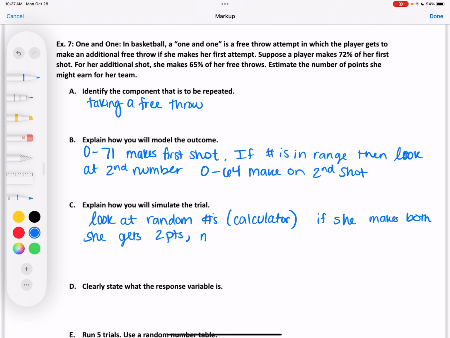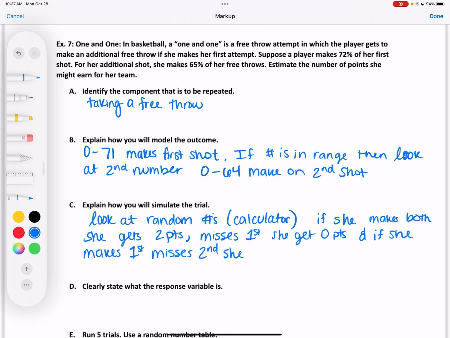If she misses the first, she gets 0 points. And if she makes the first and misses the second, she gets 1 point. And we're going to see how many points she gets for her team.